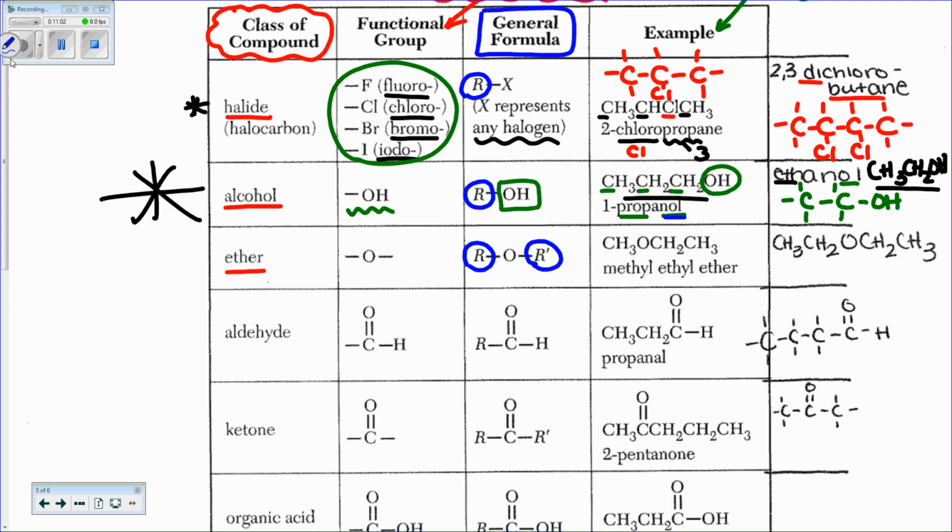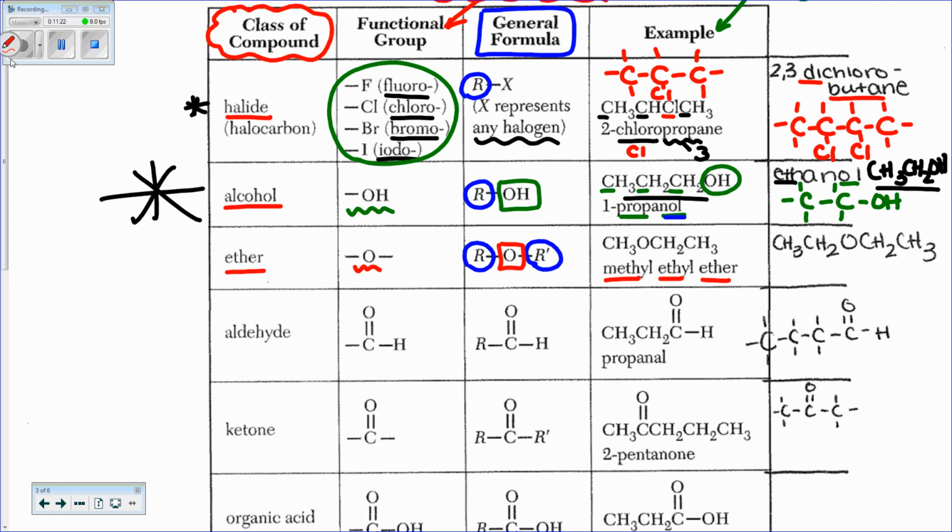So next would be my ethers. My ethers have this O, so it goes R, O, R. If you just have an O sitting in the middle of some C's, you have yourself an ether. They call this methyl ethyl ether. It's kind of a funny name.